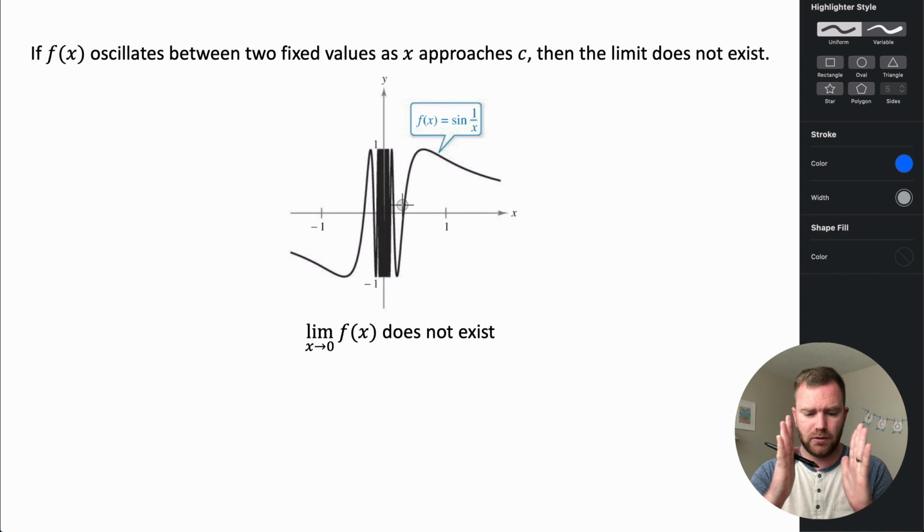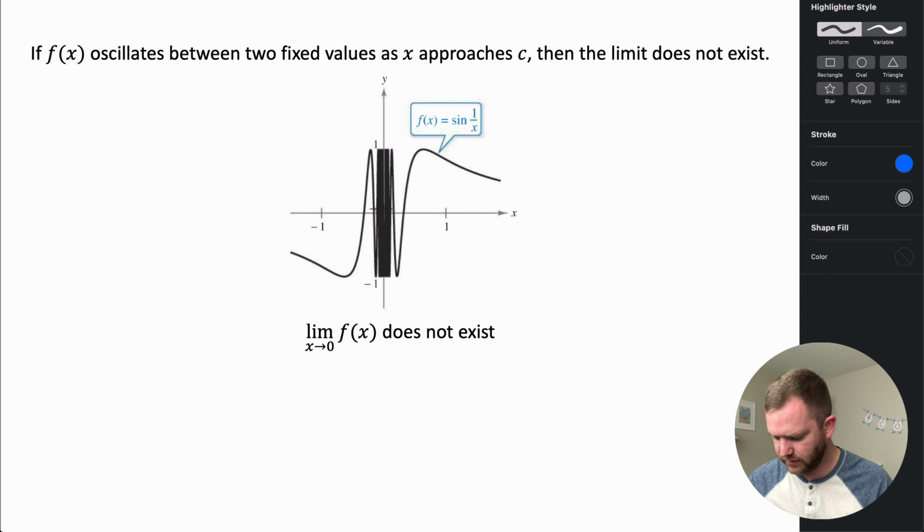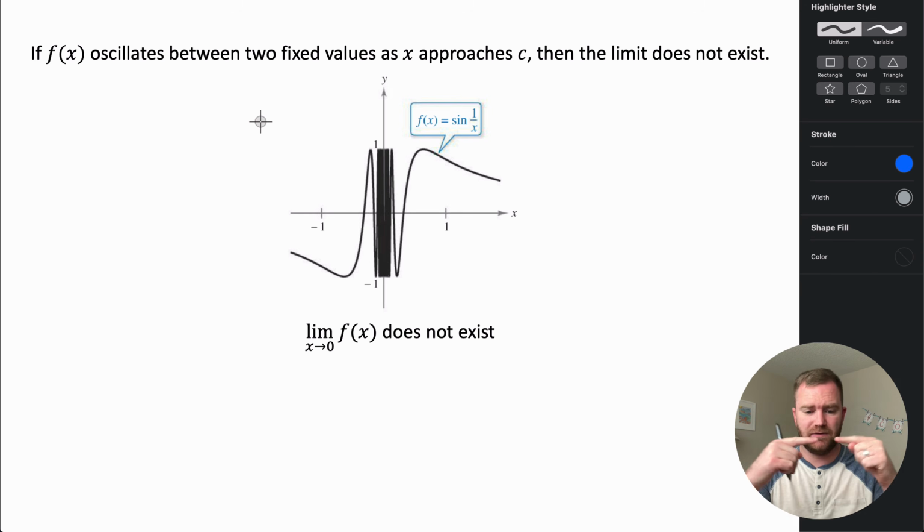And it happens really quickly as we get closer and closer to 0. Because it's not approaching any specific value, it's bouncing back and forth between 1 and negative 1 as we get closer to 0, we say that that limit does not exist. So if it oscillates between two values as x approaches c, then that limit does not exist.